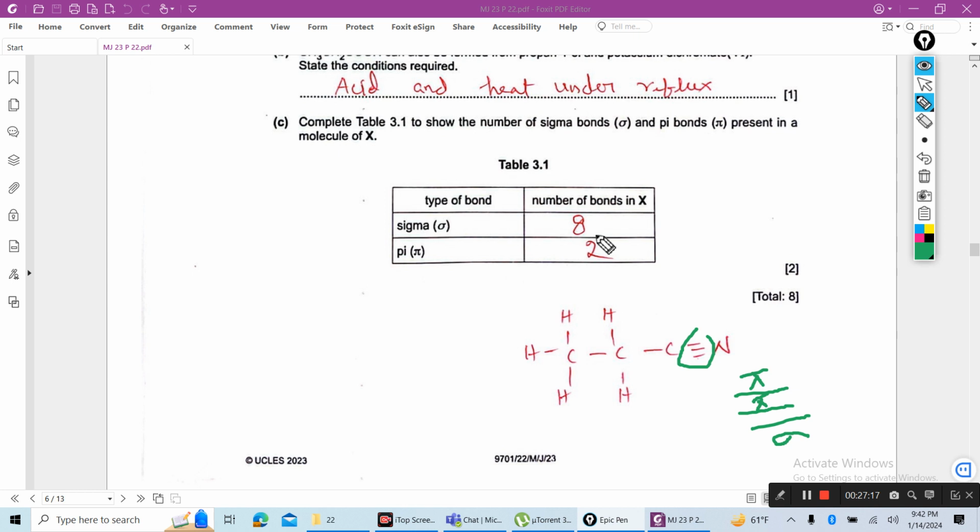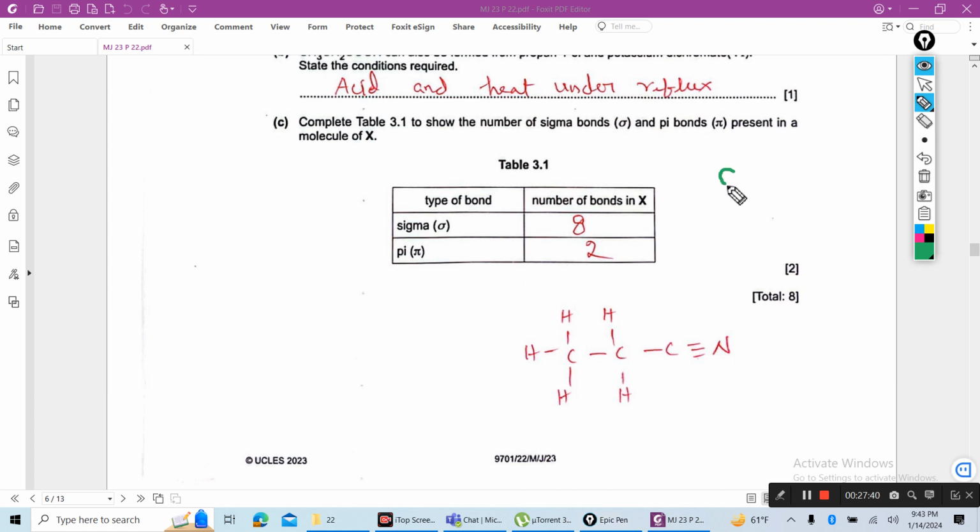So here pi bond number is 2 and sigma bonds 1, 2, 3, 4, 5, 6, 7, here 1, 8. 8 sigma bonds and 2 pi bonds.